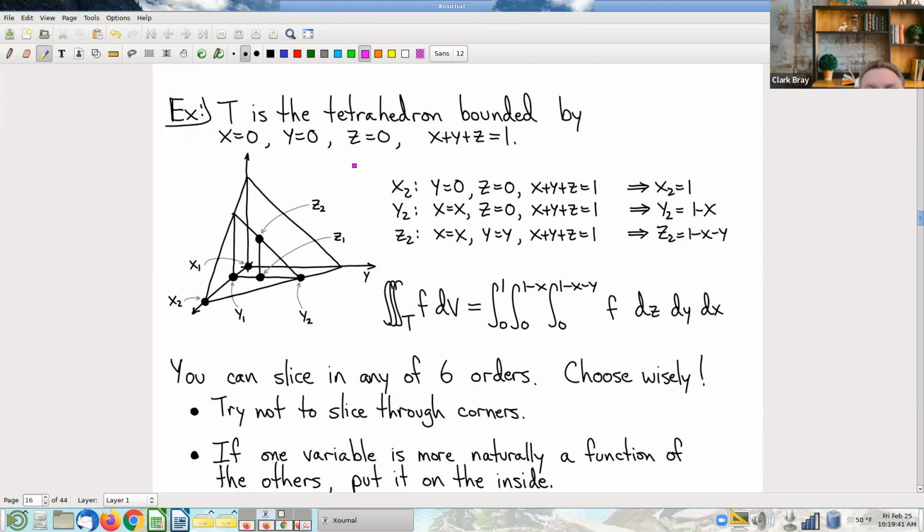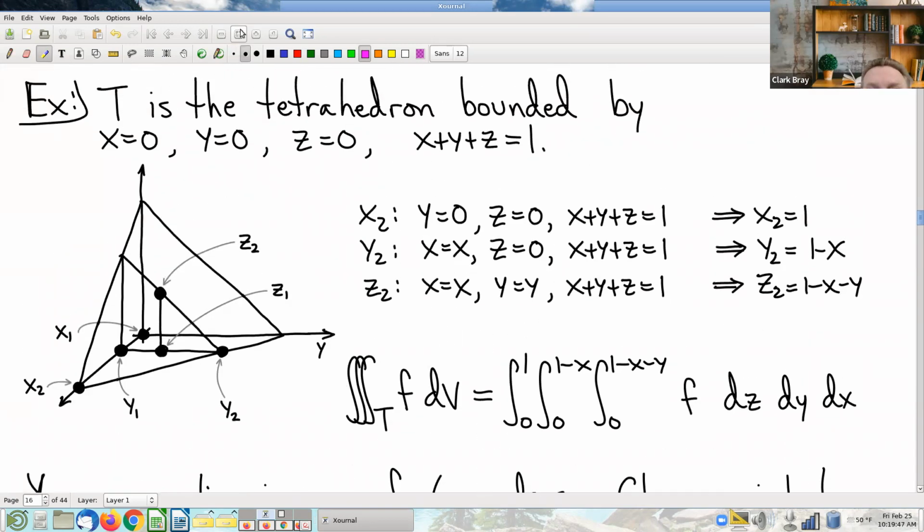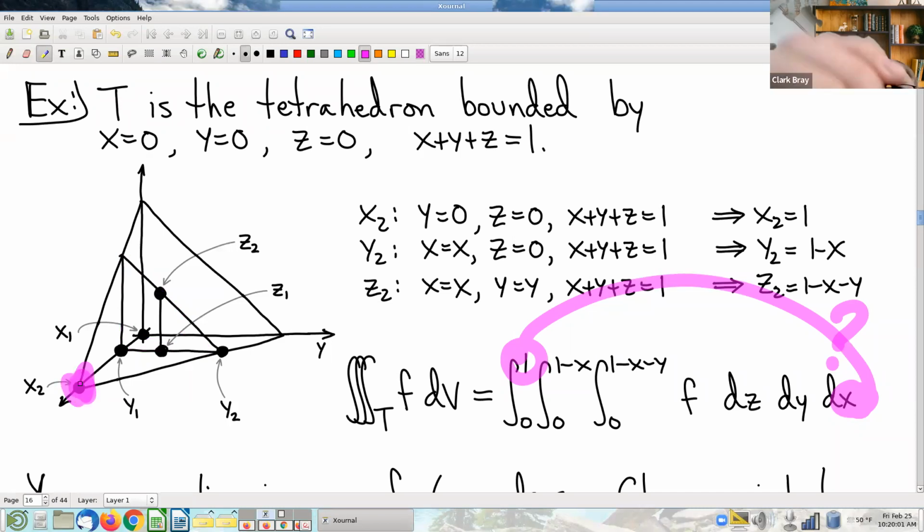Let me just hit some highlights on this. How did we find our upper bound for X? Where'd that come from? Well, here's what X slices look like, and here's the last one. What do I know about this point? Well, I know three things about it.